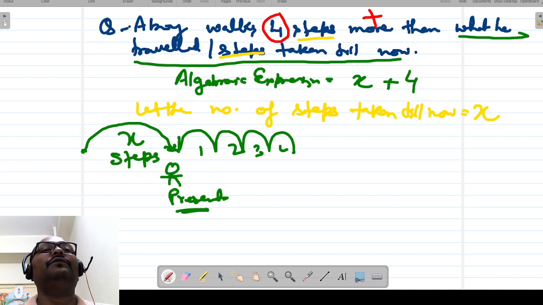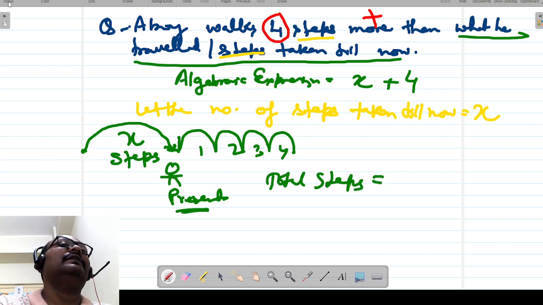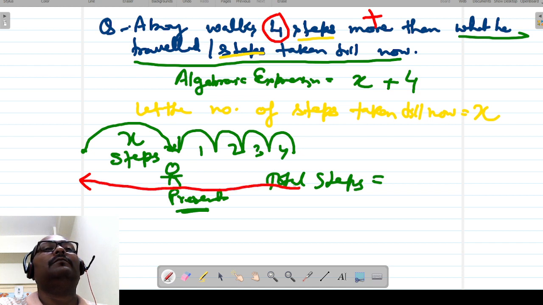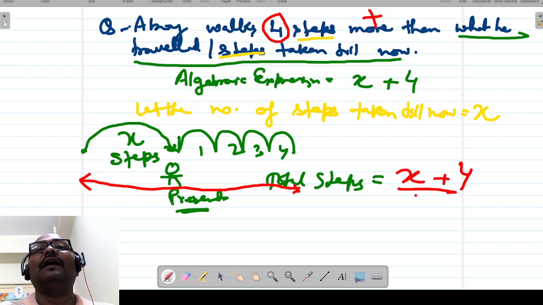So what are the total steps? From the initial point, from here till here, what are the total steps? It will be x plus 4. I hope you got it, right?